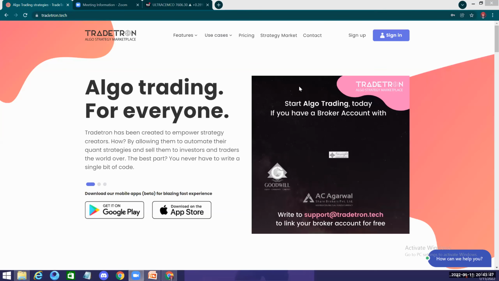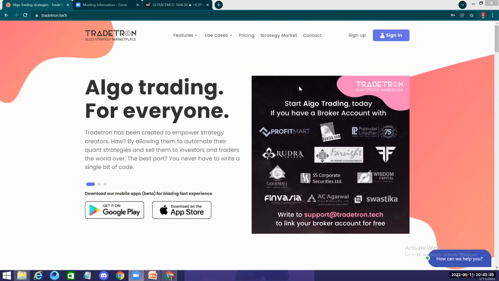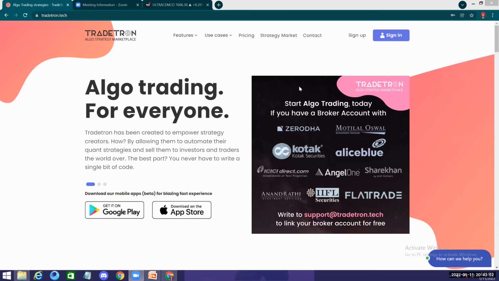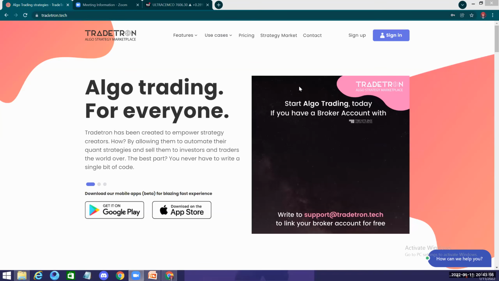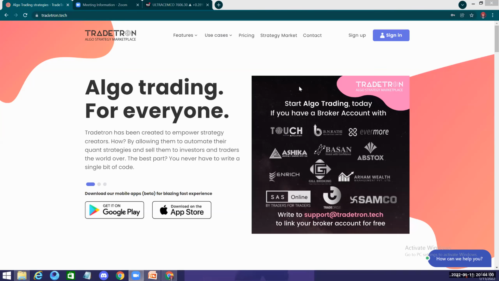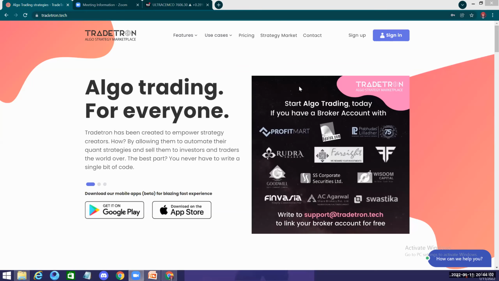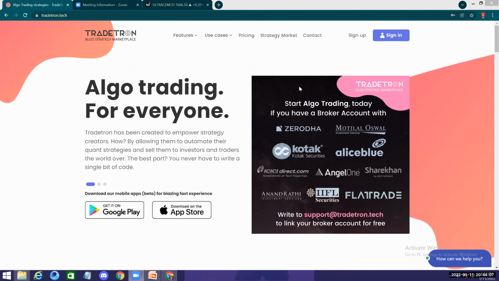I have kept Kotak only as my swing trade account. It is kind of a good luck charm for me. Whenever I buy a stock in Kotak, it gives me a good return. So I don't do any options in Kotak, only swing trades.